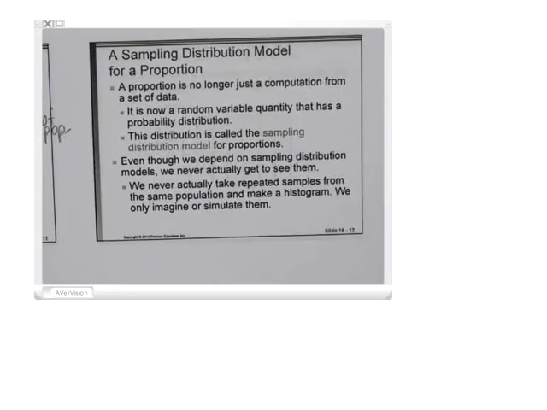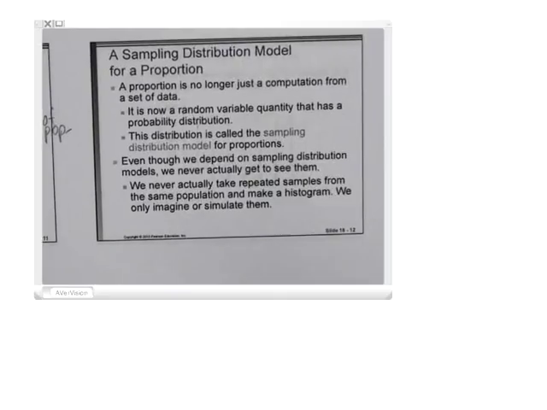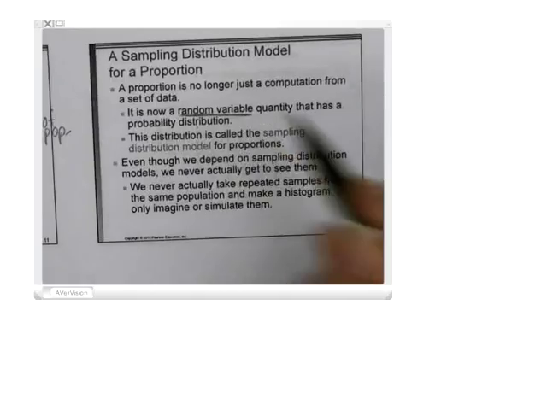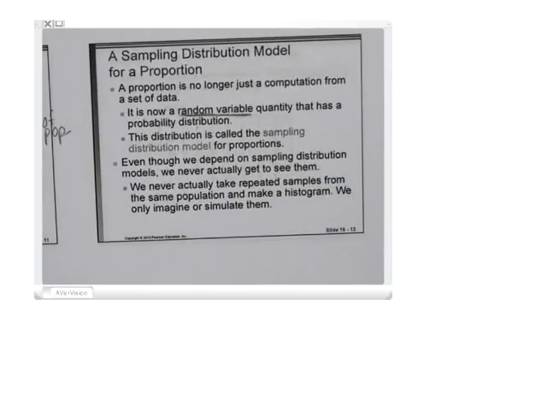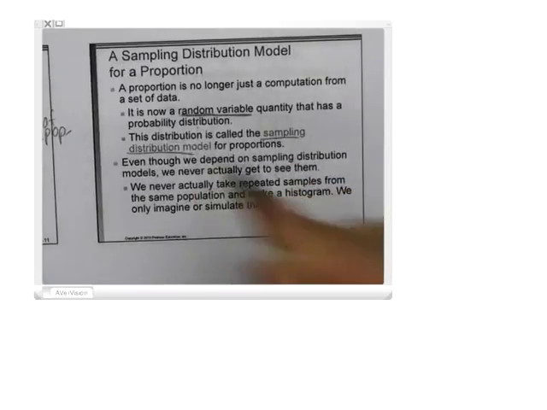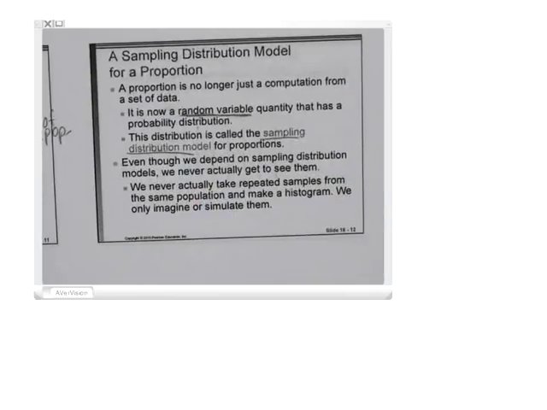So a proportion is no longer just a single number computed from a set of data. It is now a random variable itself. The distribution of that variable, in other words, this bag had a p-hat, this bag had a p-hat, this bag had a p-hat, this bag had a p-hat. We have all of these p-hats that could potentially be any random number, although we expect it to be 0.1. The distribution of that is called the sampling distribution.